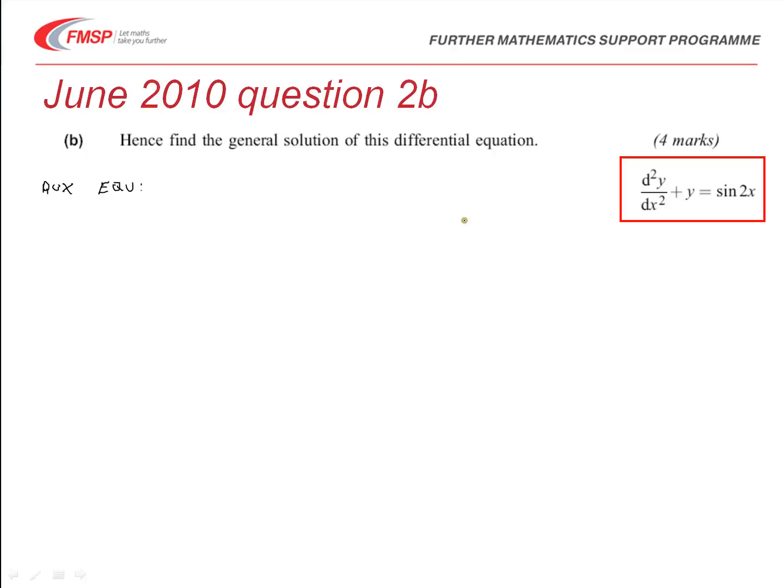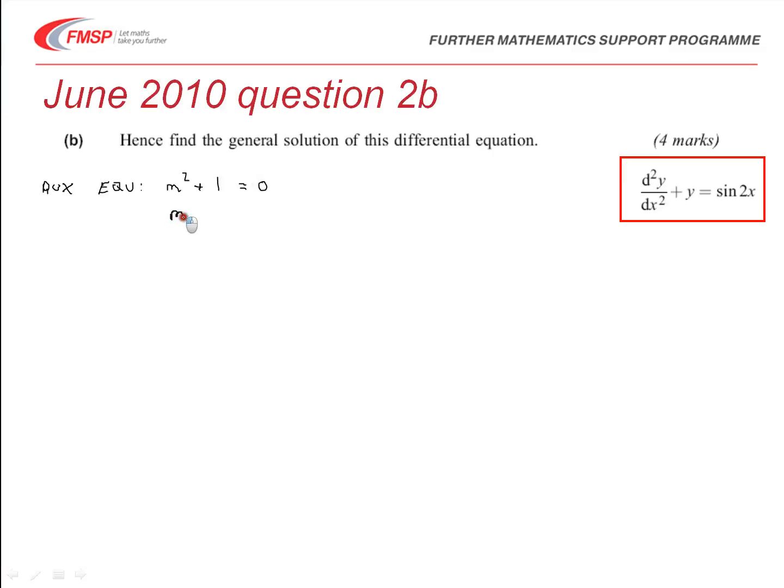So in this case we've got one lot of d2y by dx squared, so we get one lot of m squared. There is no dy by dx and just one lot of y, so our auxiliary equation reduces to m squared plus 1 equals 0.